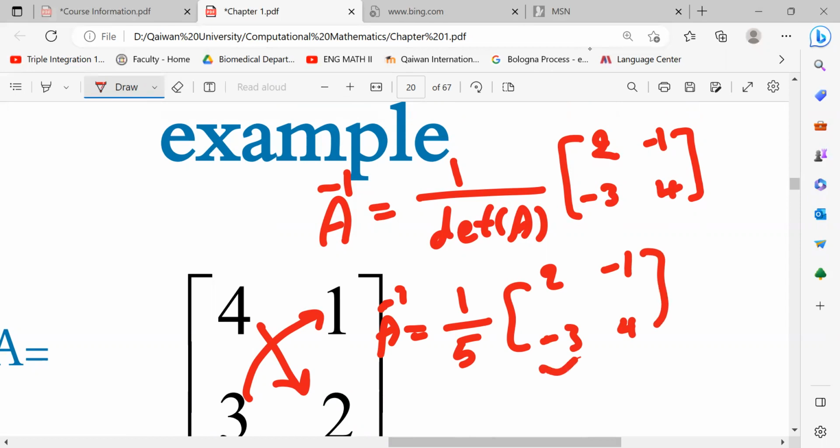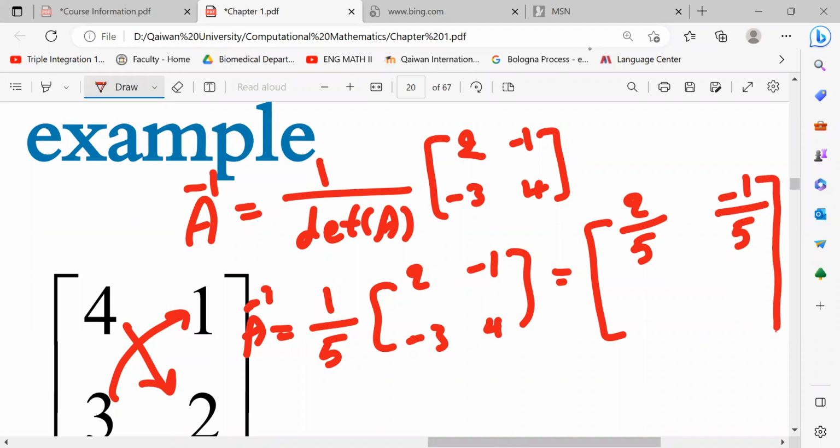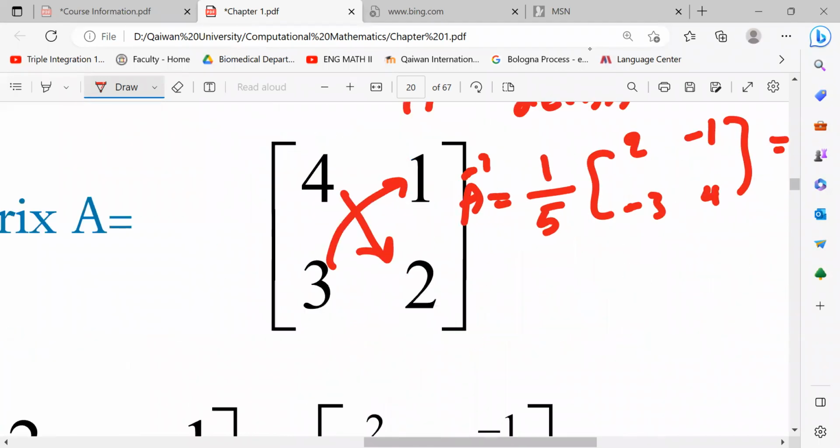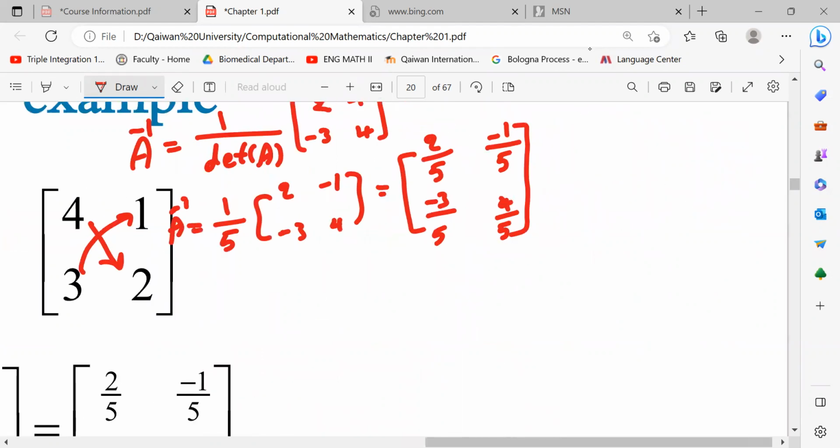This equals 2 over 5, negative 1 over 5, and also minus 3 over 5 and 4 over 5. This is the inverse of the given matrix.